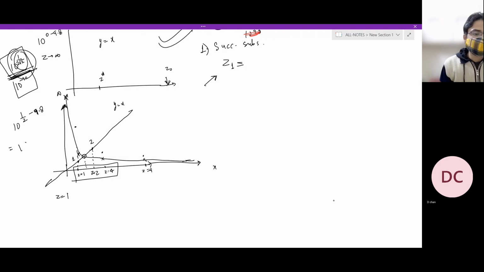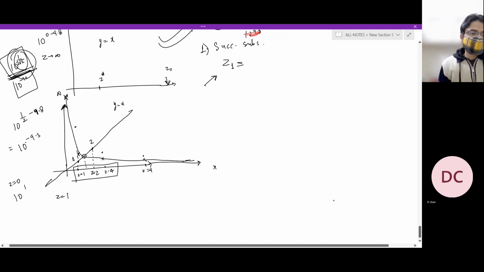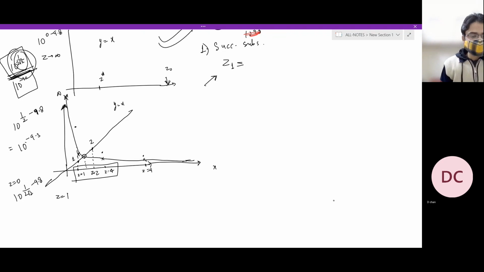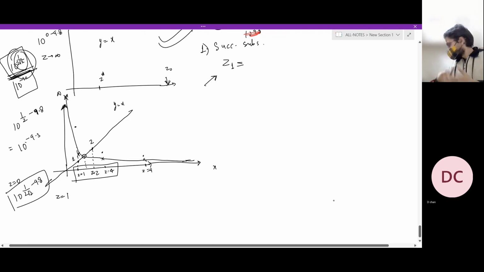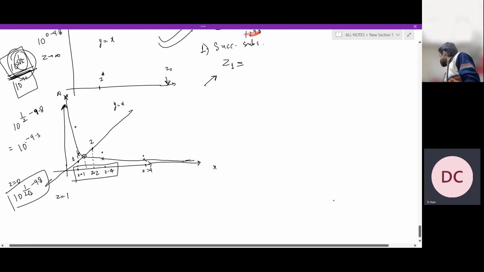This is actually 10 to the power minus something like maybe 0.5 minus 9.3. And at z equal to 2, this becomes 1 over 2 root 2 minus 9.8. I need these two values. The first one is 5.